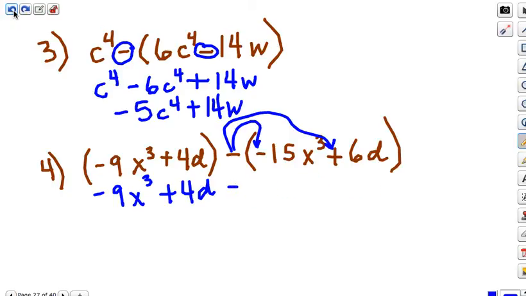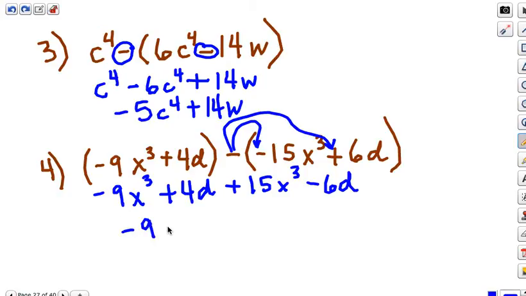I'm just going to keep it simple and avoid extra parentheses by just knowing that when there's the two negative, the minus a negative, it becomes plus. So I'm just going to leave it like that, and then minus 6d. Okay, we can go ahead now and group by like term.